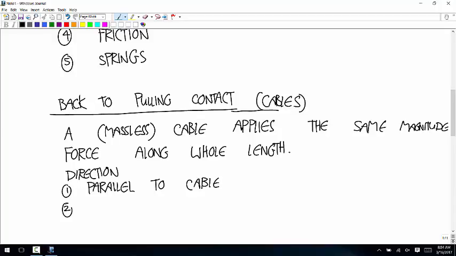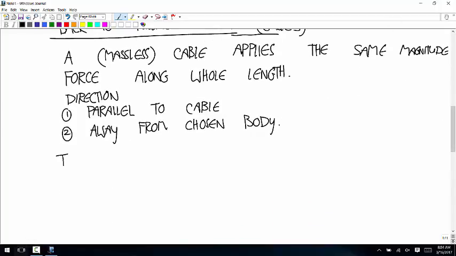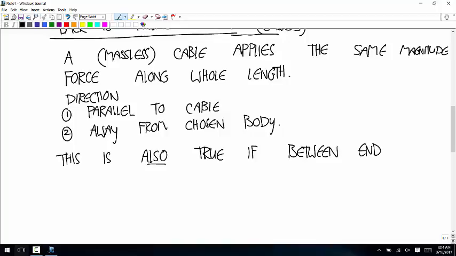And away from the chosen body. This is also true if between the ends of the cable the cable passes over pulleys.